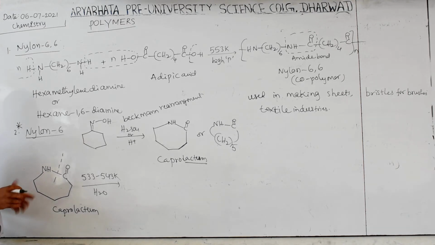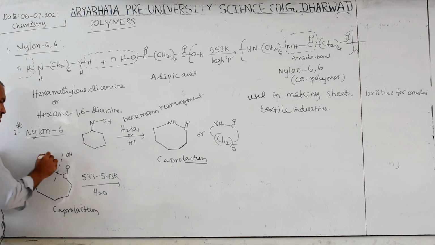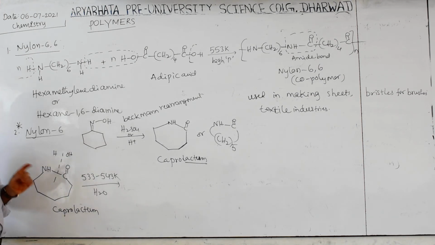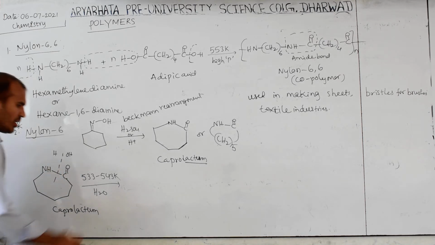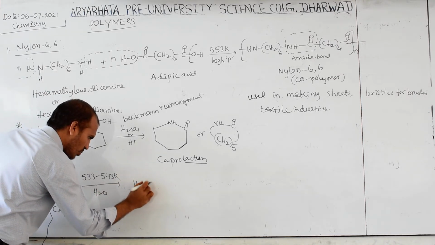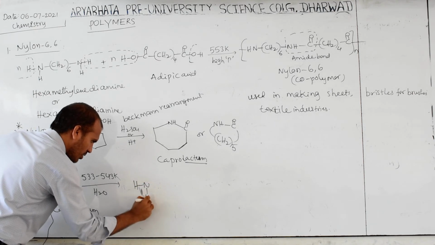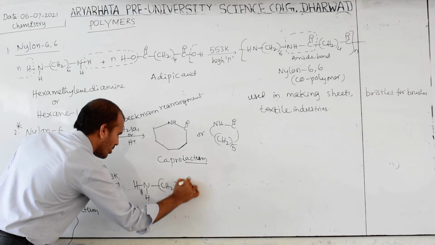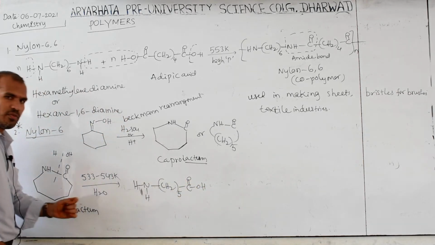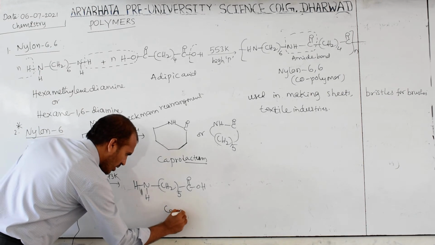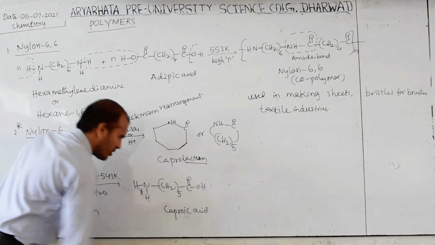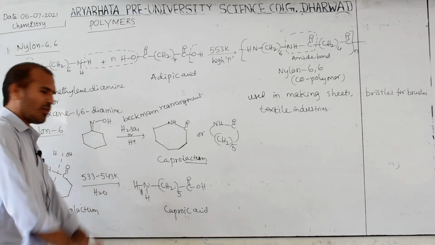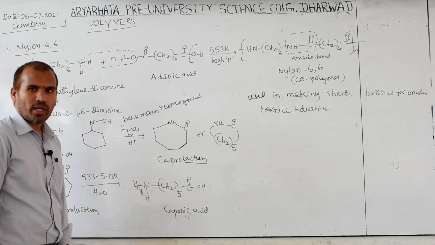Already I told you, this side OH, this side H. Then this becomes NH2, this becomes COOH. So I write NH2, CH2 taken 5 times, C double bond OH. This is which one? Caproic acid. In your textbook maybe this middle step is not given, directly the polymer is given. So this is called caproic acid.